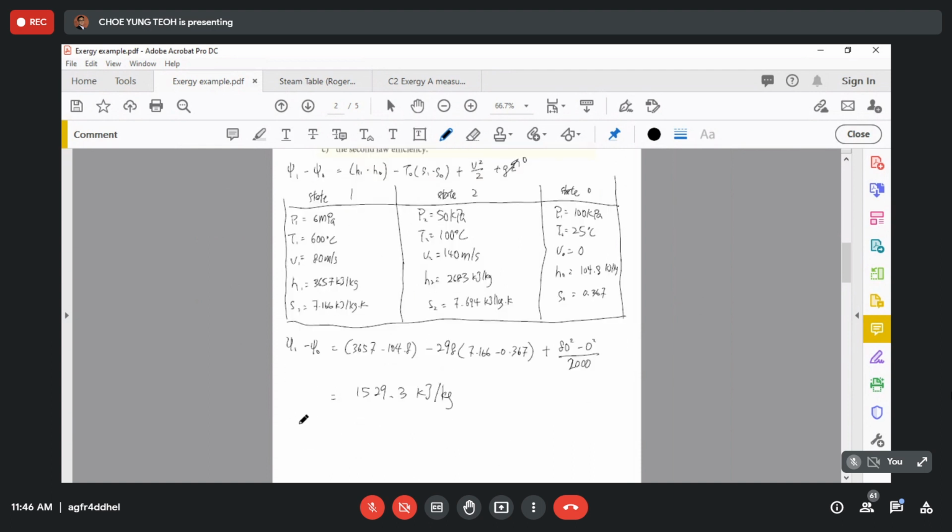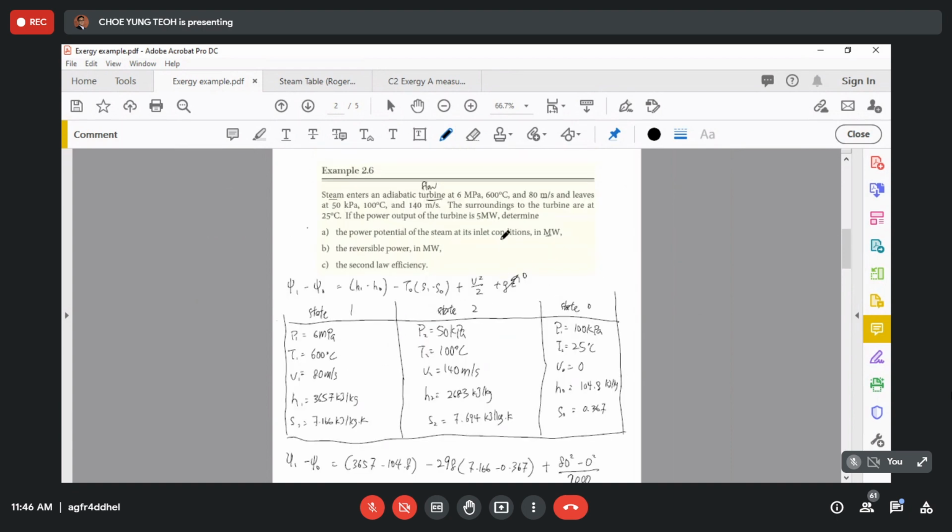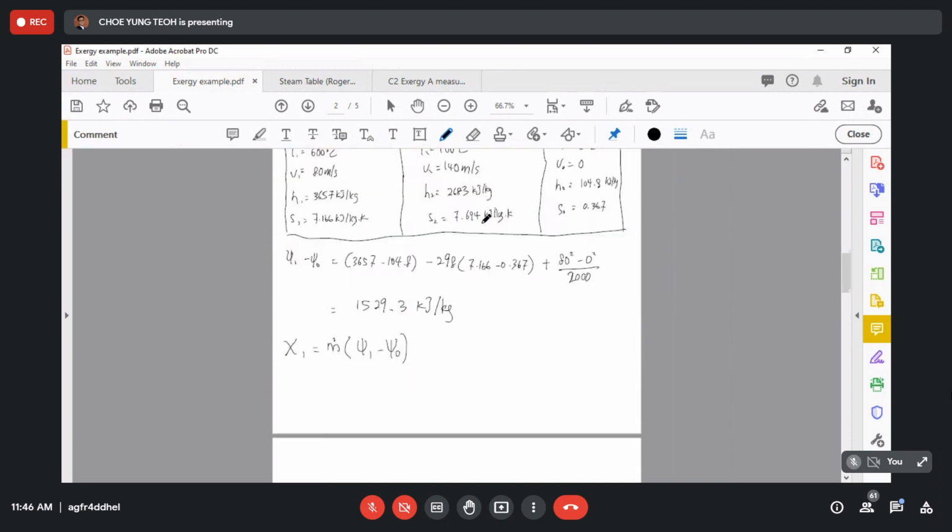So I need to get the exergy, which is equivalent to the mass flow rate multiplied by psi1 minus psi0. But how to get the mass flow rate? Normally you can get it from the actual power output. From this question, the actual power output given is 5 megawatt, so you can use this as a reference.